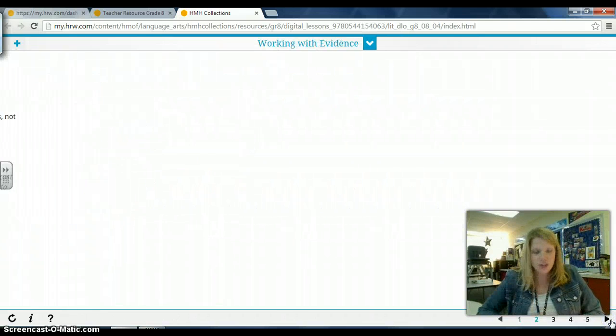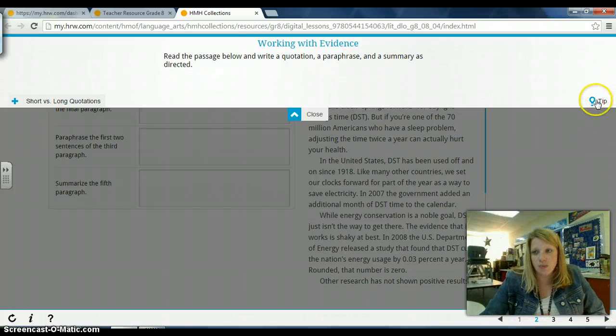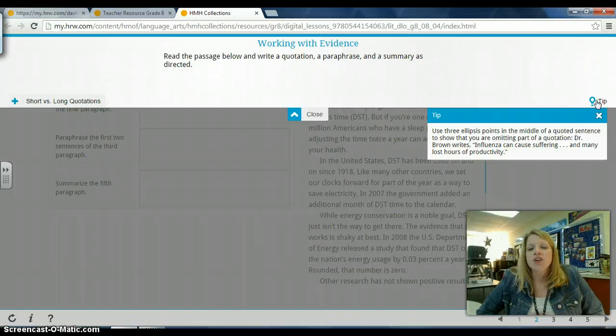Now if you look on your notes, this is slide 2, examples. Here are some examples that I want you to work with. First of all, let's look at the tip right here. You're going to use the 3 ellipsis points, which is the fancy name for the dots, in the middle of a quoted sentence to show you're omitting part of the quote. We've talked about this before, but write down for your tip that you can shorten a quote.